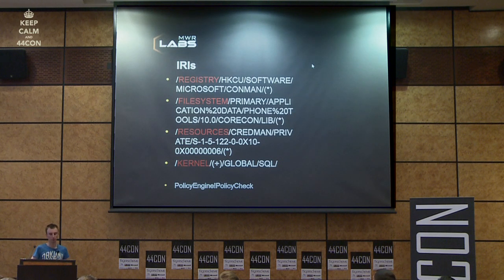And you can specify these resource identifiers for things like the registry, the file system, the resources. And so this top one, for example, is like HKey current user, software, Microsoft. And you can use wildcard matching as well. So everything underneath that key is what the policy is applied to when a policy check occurs.